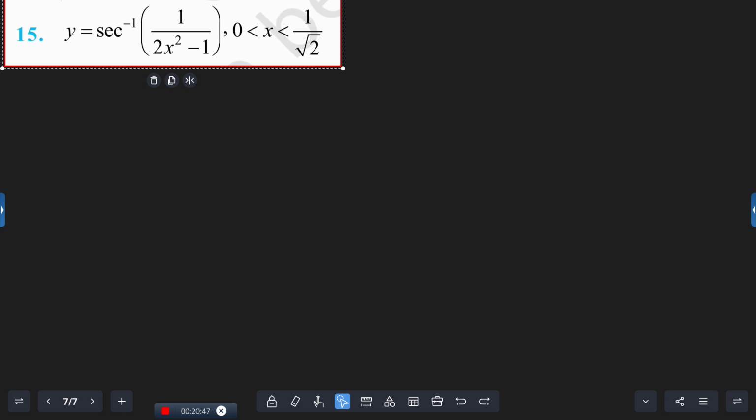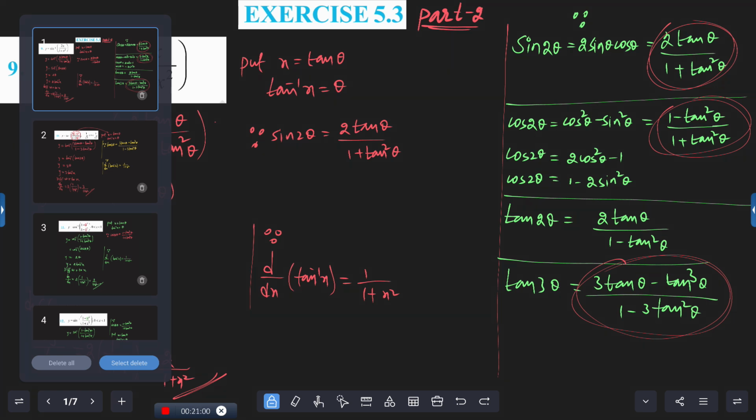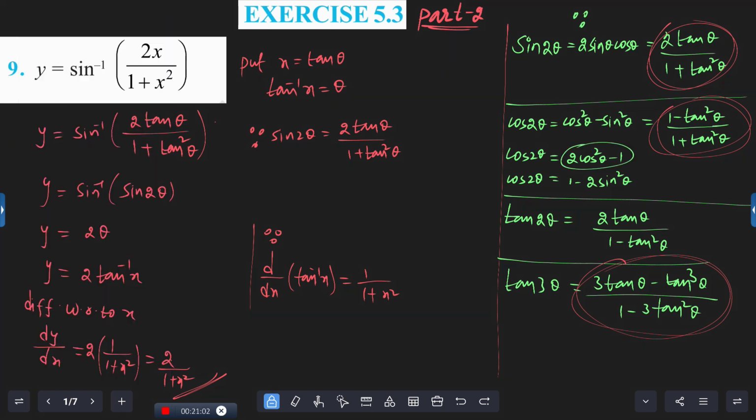Now this one, see, 2x square minus 1, listen children. What can x be? 2 times x square minus 1, which satisfies cos 2 theta equal to that formula.